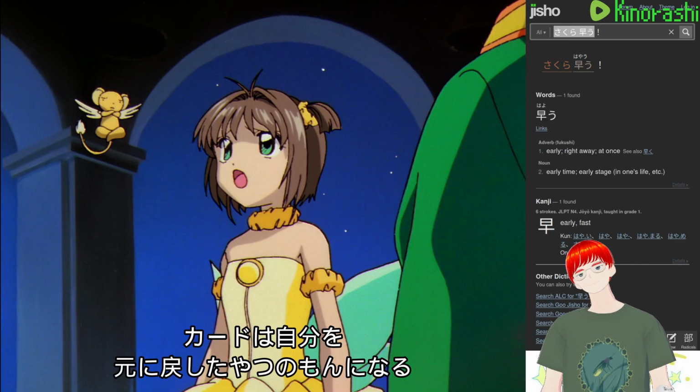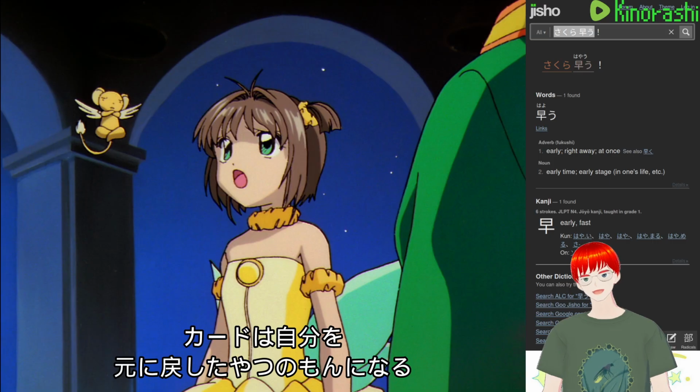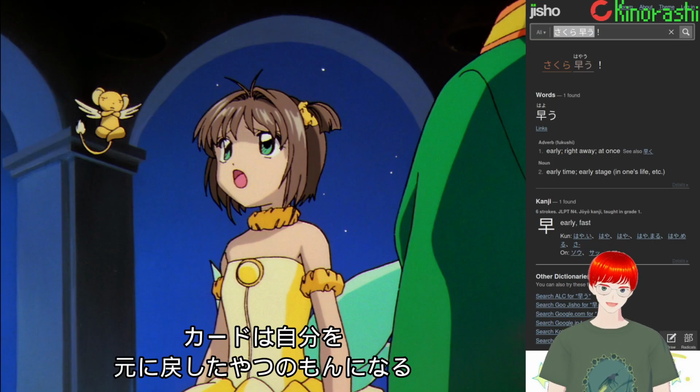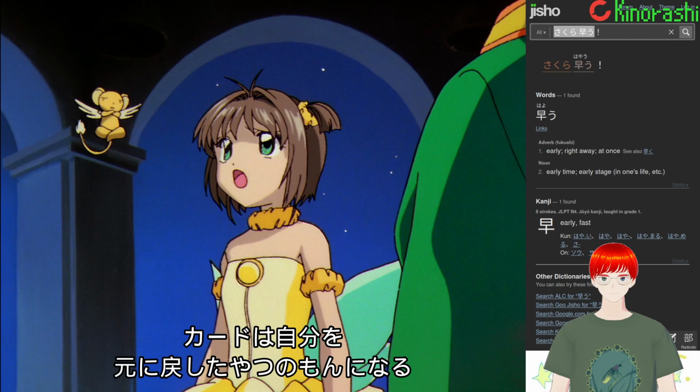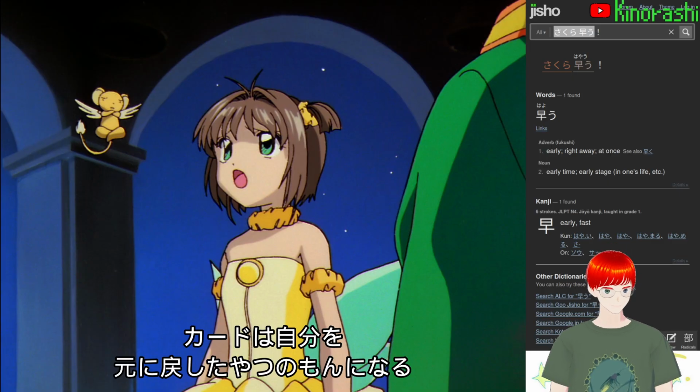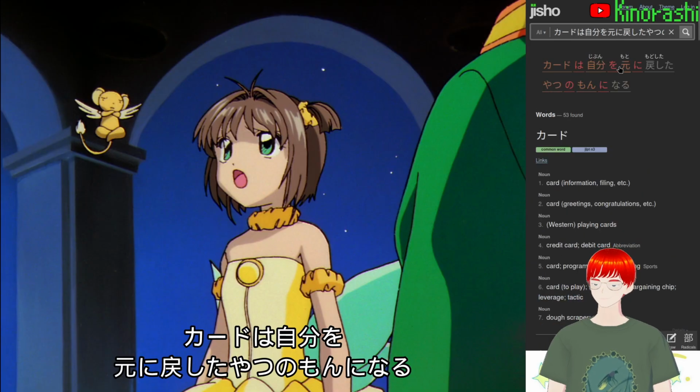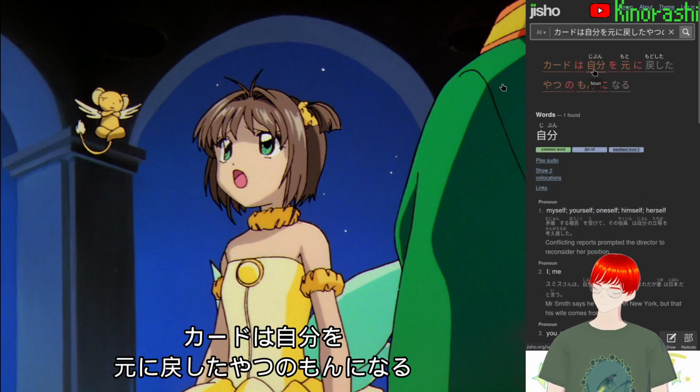Let's see. Kado wa jibun, that's like I, yourself. As for the card, the I. Myself, oneself.